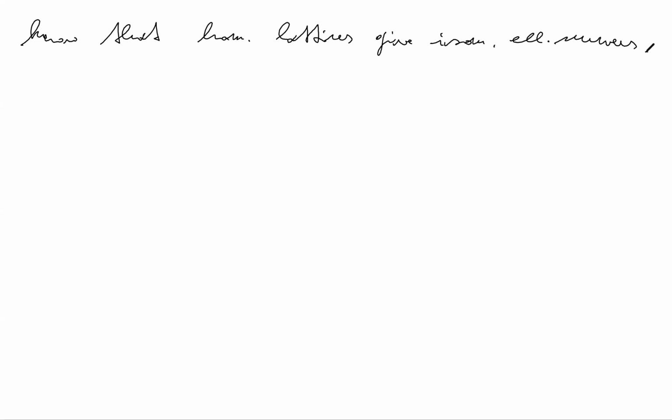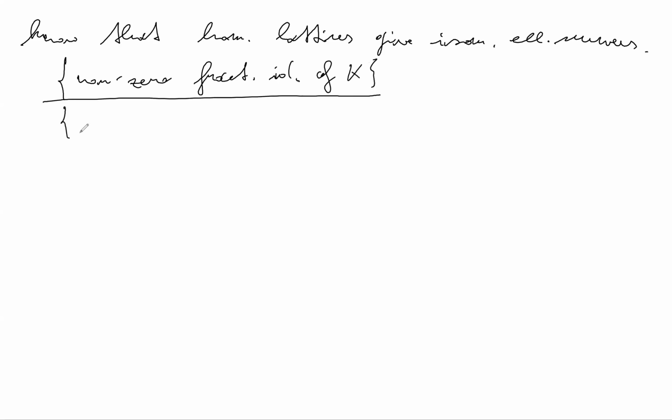In our case, what we're going to mod out is all the principal ideals. So we're going to consider the set of non-zero fractional ideals, and homothety in this case means being the same up to a principal ideal. So we should mod out by all the non-zero principal ideals.